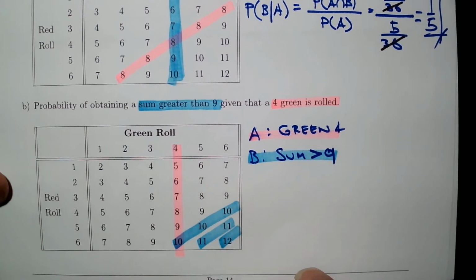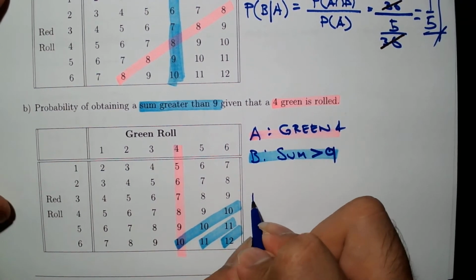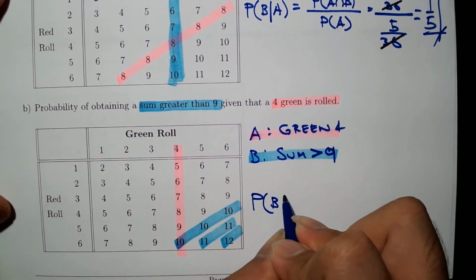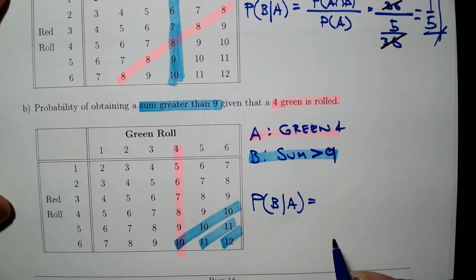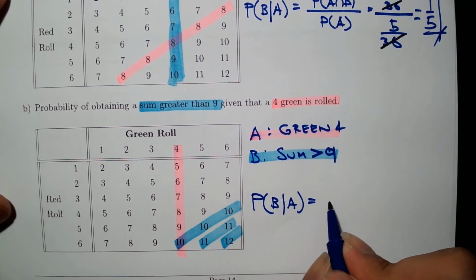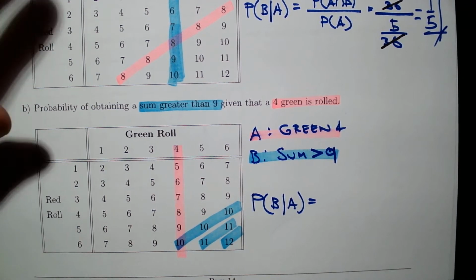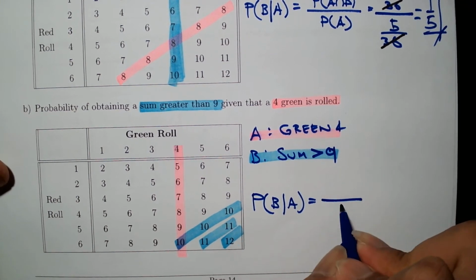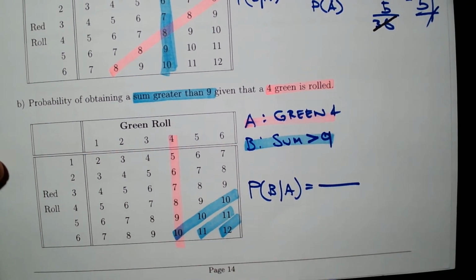Now I'm going to do this a little bit differently than what I did before. The probability of B given A. Instead of dividing the two fractions and coming up with a complex looking fraction, this is what I'm going to do.